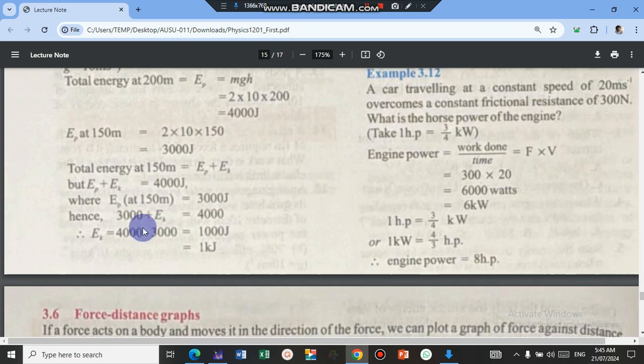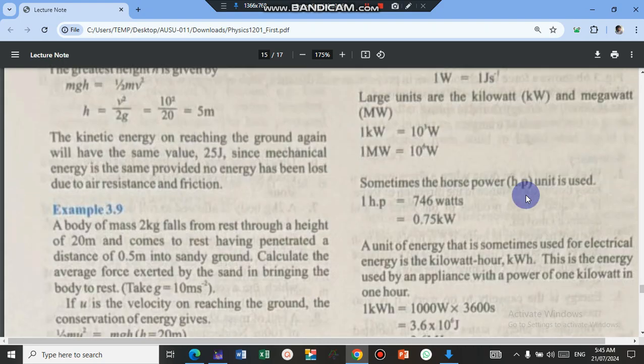So if we put 3000 plus the kinetic energy at that point, that should be equal to the total energy, 4000. So it means your kinetic energy should be 4000 minus 3000, which is 1000. Then you divide both sides by 1000 to change the joules to kilojoules. This will give you 1 kilojoule as the answer.